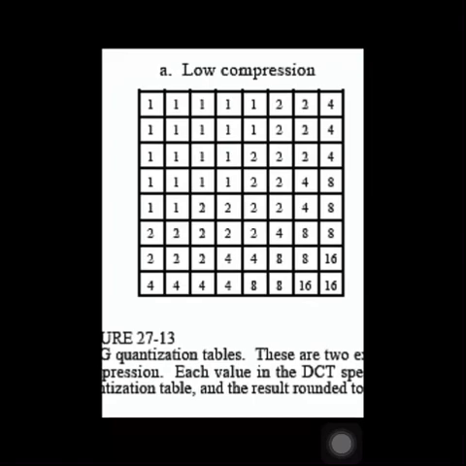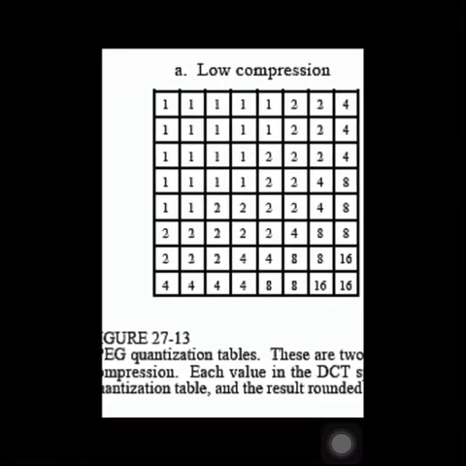This is the table used when you want to go for low compression. Then the output of the division is rounded off to the nearest integer. And this table is used when we want to go for high compression.